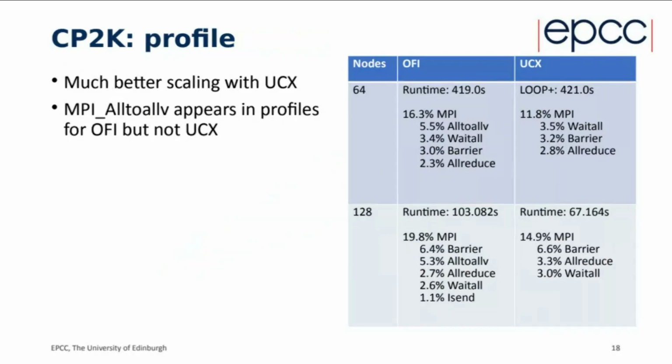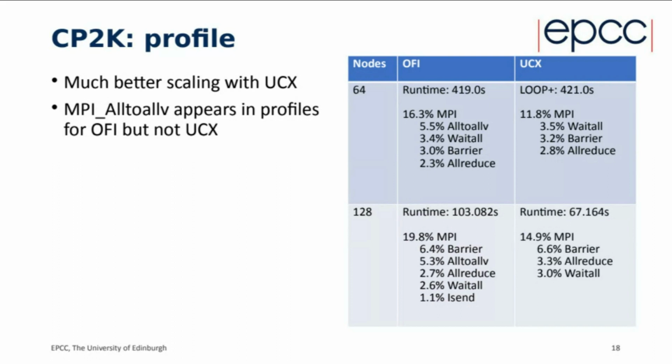If we look at the profiles in a similar way to before, at around 64 nodes, for OFI, 16% is spent in MPI, and for UCX, almost 12% is spent in MPI. And obviously that increases when we go up to 128 nodes, to around 20% and 15%.